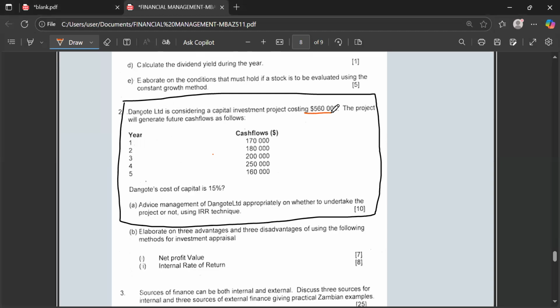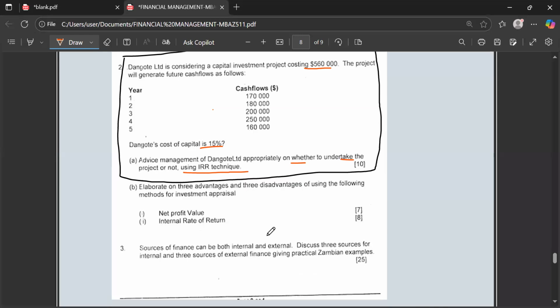The project will generate future cash flows as follows after that outlay: 170, 180, 200, 250, 160. The cost of capital is 15%. Advise management of Dangote Limited on whether to undertake the project using the internal rate of return. So using the internal rate of return.